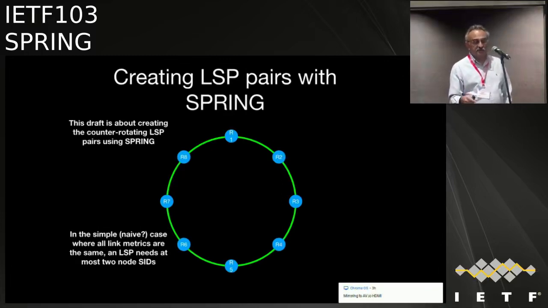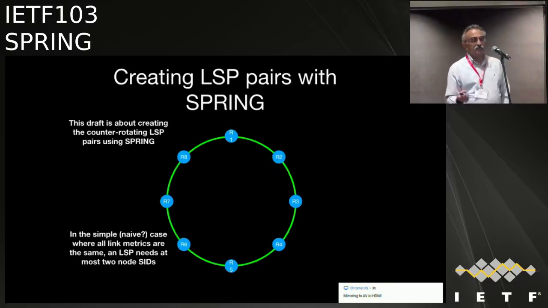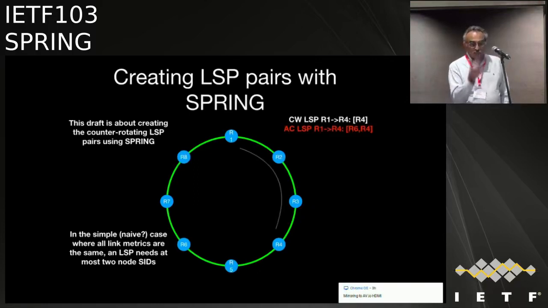The anti-clockwise LSP, you put in a node SID sort of halfway there, and then you go the rest of the way, so the IGP doesn't defeat you. From R2 to R4, again, in one direction you just say R4. In the other direction, you may pick the same point or a different point, but you want to go about halfway and then go the rest of the way.